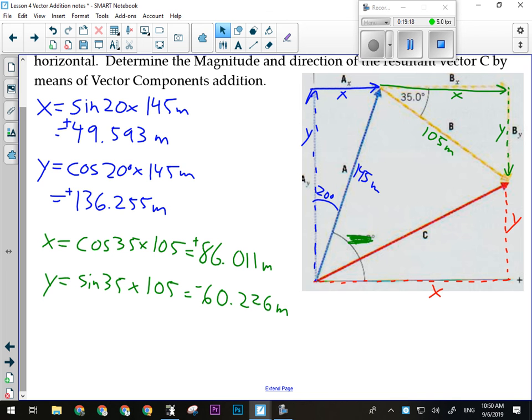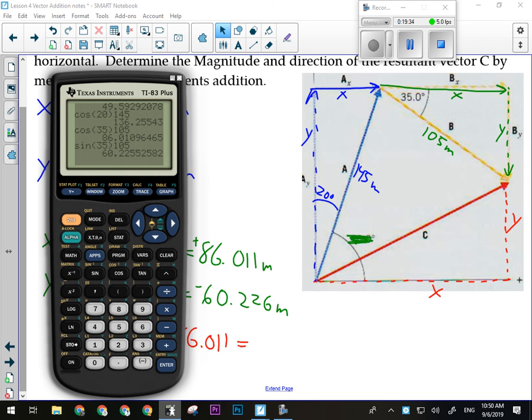So red x will be 49.593 plus 86.011. Again, I'm going to use all of my decimal places here.